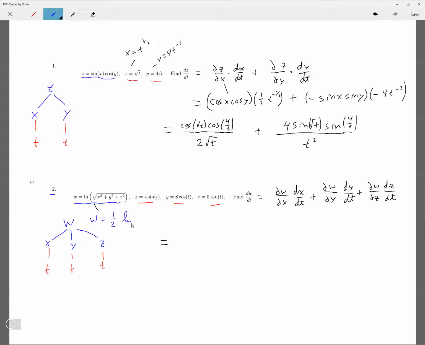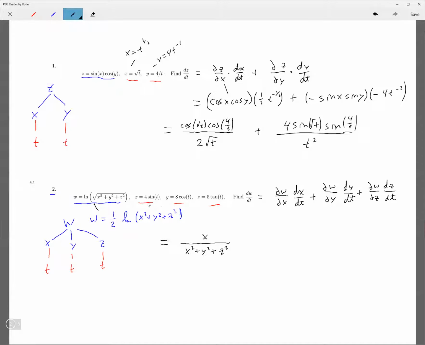So what's the derivative of w with respect to x? It's going to be 2x over all of that, so just x over the square root of x squared plus y squared plus z squared. Exactly. Good.